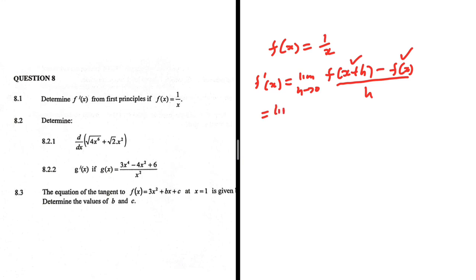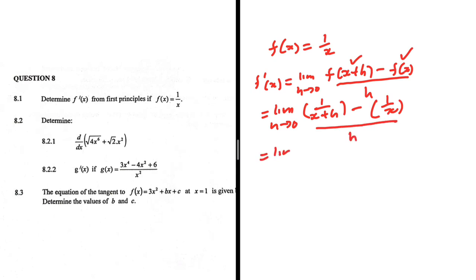So the limit as h tends to 0. So we're going to have 1 divided by x plus h. That is f of x plus h minus f of x itself, which is 1 over x, and then divided by h, right?